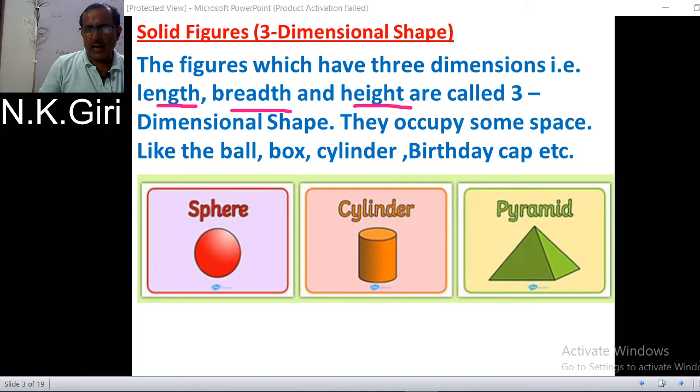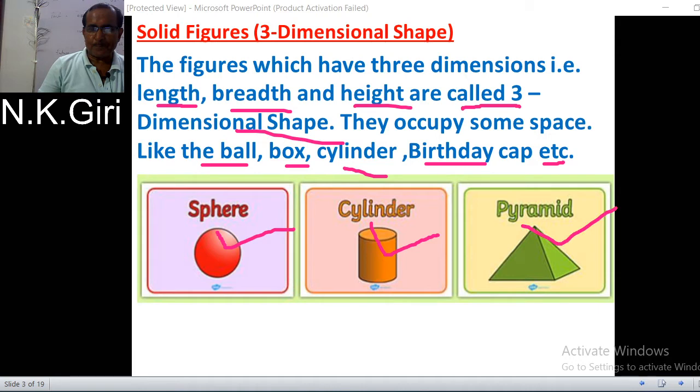They are called three-dimensional shapes, and they occupy some space. For example, we can say ball, box, cylinder, birthday cap, etc. The figure which is like a ball is called the sphere. Cylinder, you see in your daily life these figures, and pyramid also.